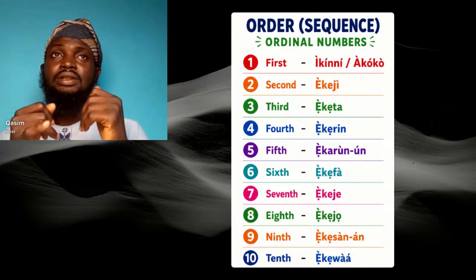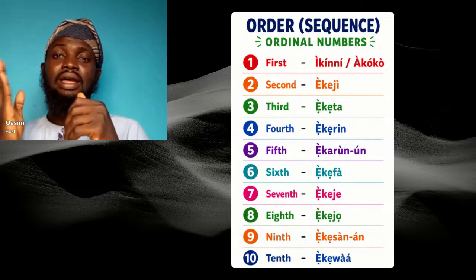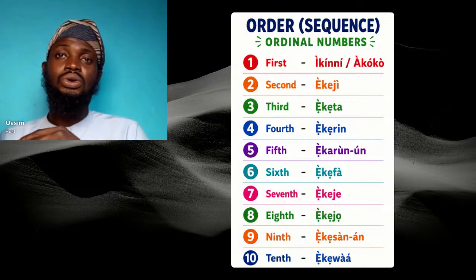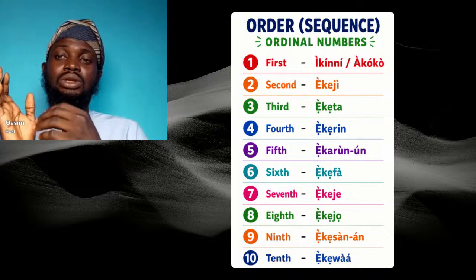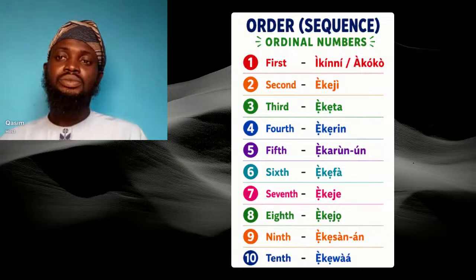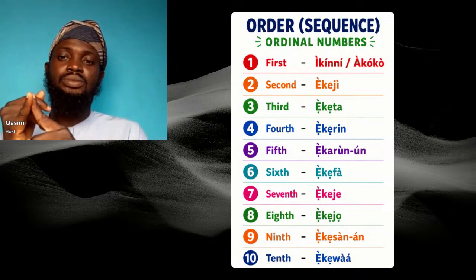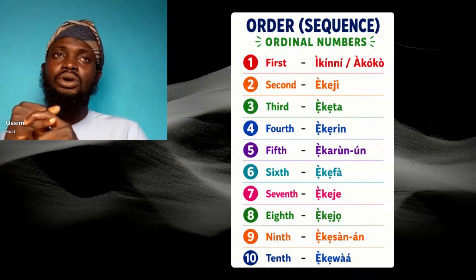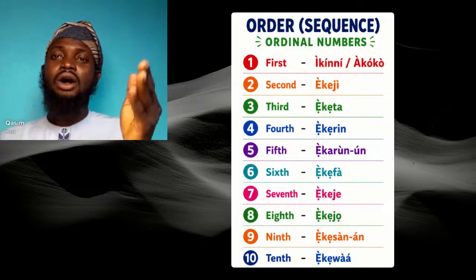Ìkíní. Don't forget, they are different from when we are counting, but they look similar. You see the similarity when we go beyond one. So first in Yoruba is ìkíní, or you say àkọ́kọ́.